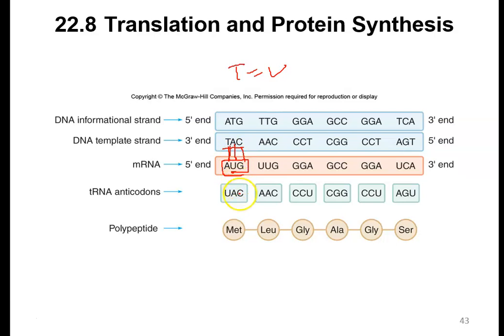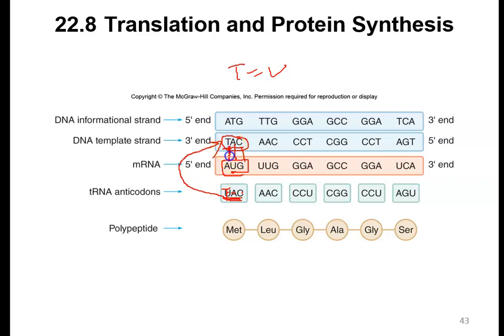Now notice that our tRNA is the same as what was actually in our DNA. Remember, U though is, so if you think of this as a T, TAC, that's what I actually had in my DNA. So it's kind of doing an opposite thing. Again, it's amazing how we have very small amount of errors occurring because there's so many things changing.